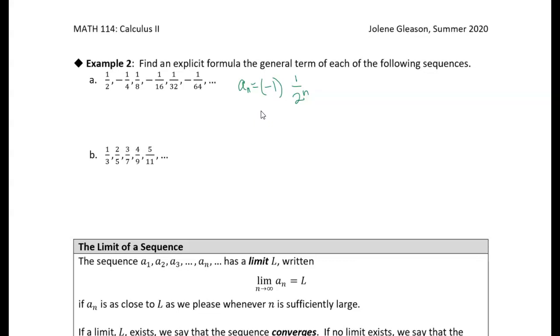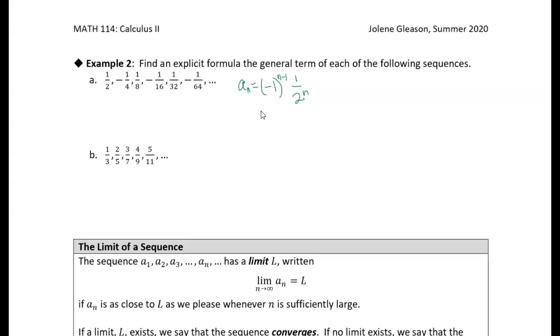So we just have to figure out, okay, where are we starting? We're starting at a1 is positive. So I want a1 to be positive. So I need an even power, or it could be a 0 power. There's a couple of different ways you could write this. You could write this as -1 to the n minus 1.